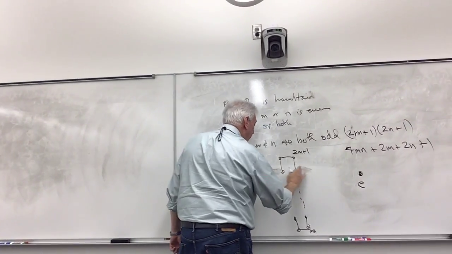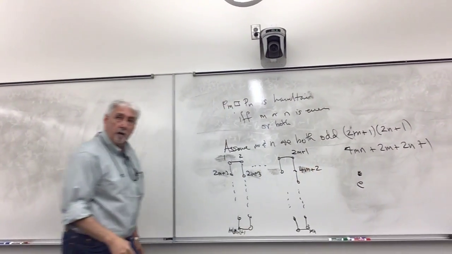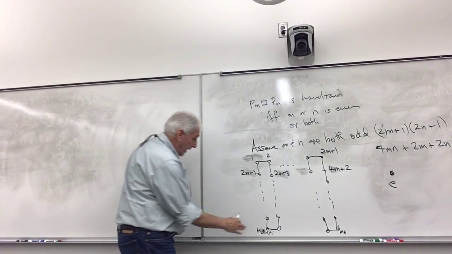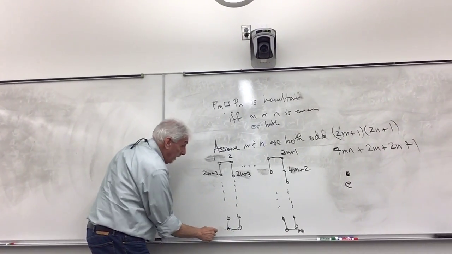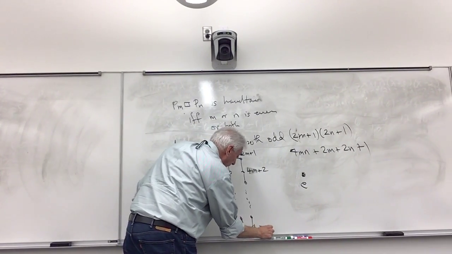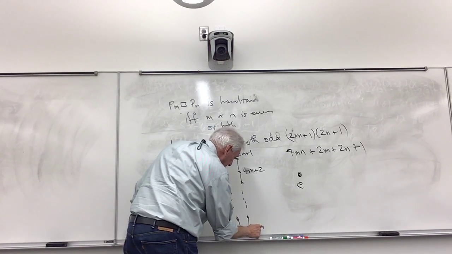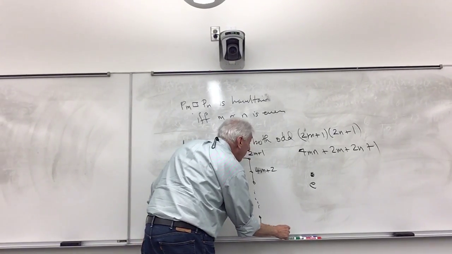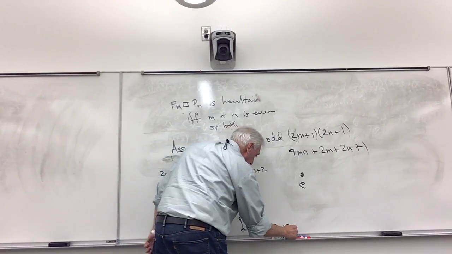Down to 4m plus 2. And so down here I would have 2m, 4mn plus 2m plus 2n plus 1.